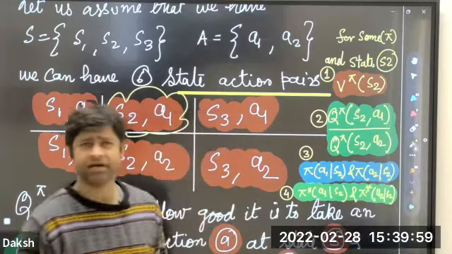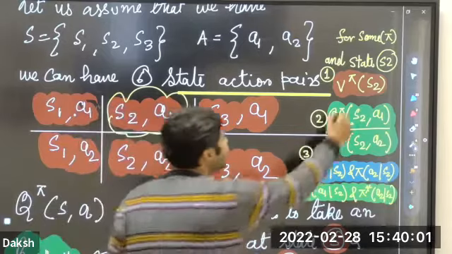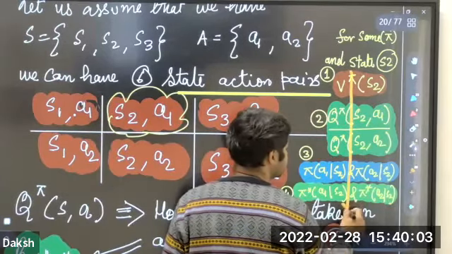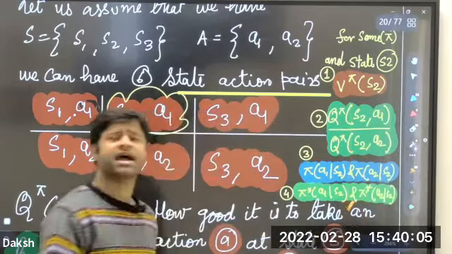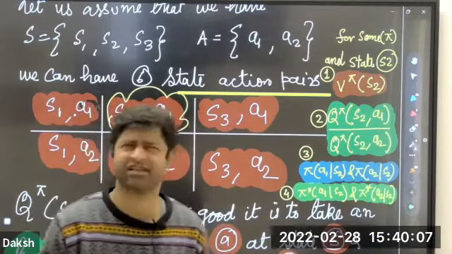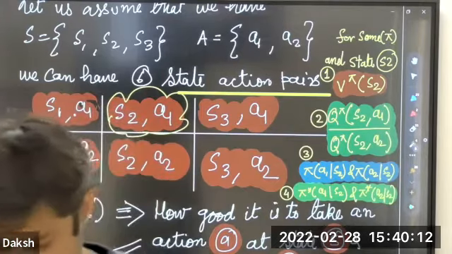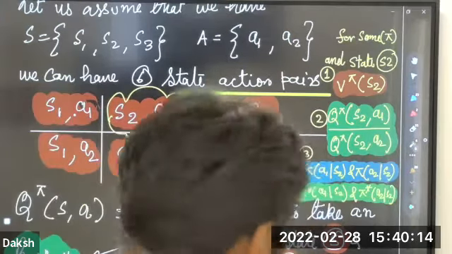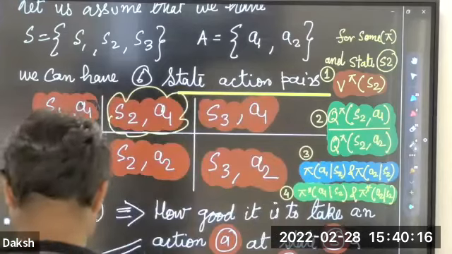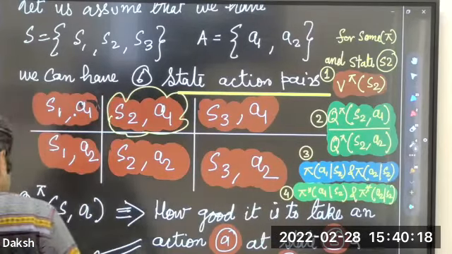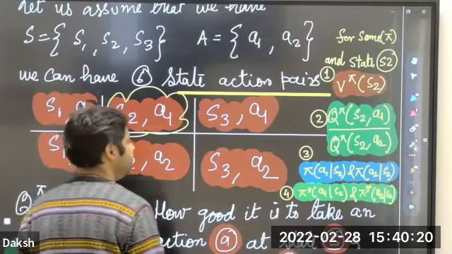Can anyone tell me, given all these things, if you are at state S2, which action you are going to take?